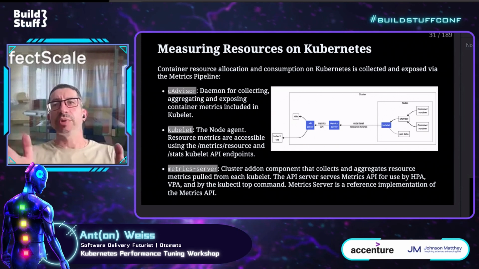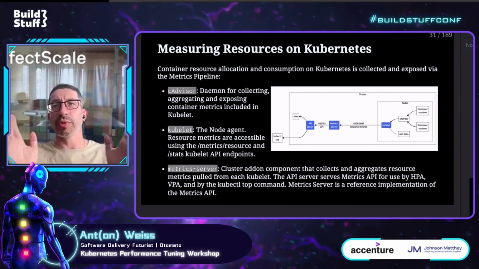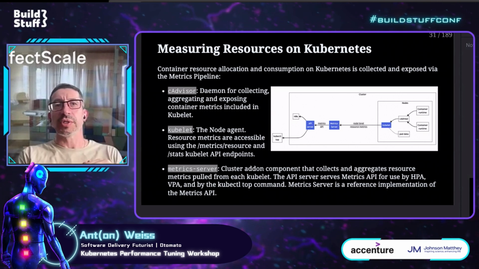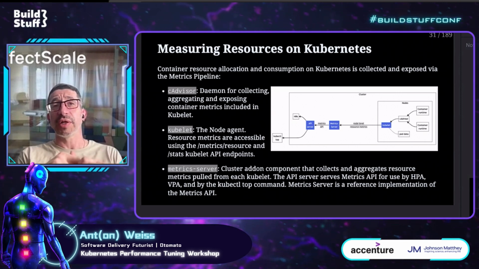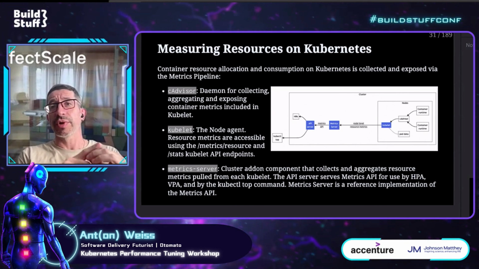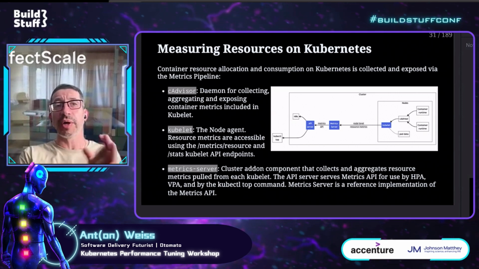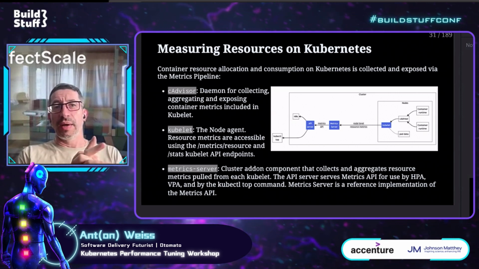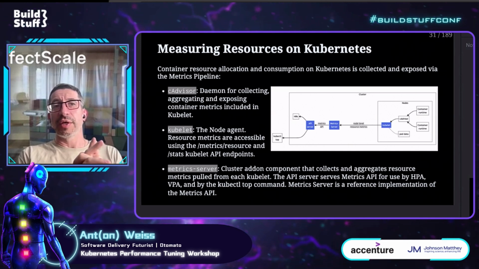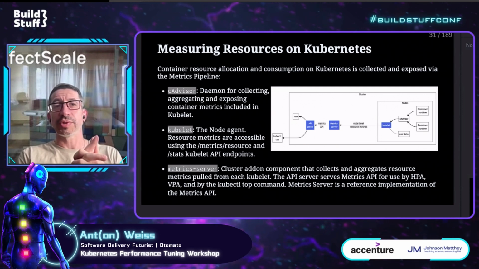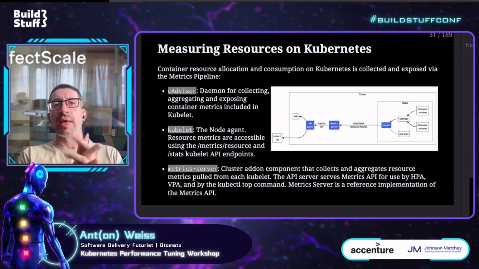Resource allocation and consumption on Kubernetes is collected and exposed via the so-called metrics pipeline, which consists of, first of all, cAdvisor, which is the daemon for collecting the metrics that runs inside the kubelet binary. The kubelet then exposes the metrics through its own API called metrics resource and stats.